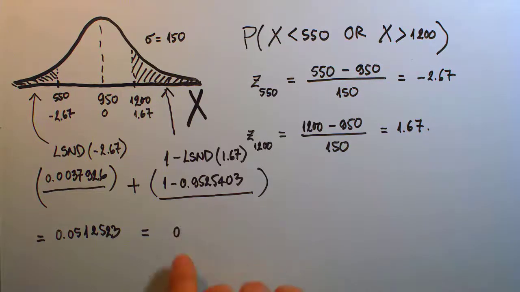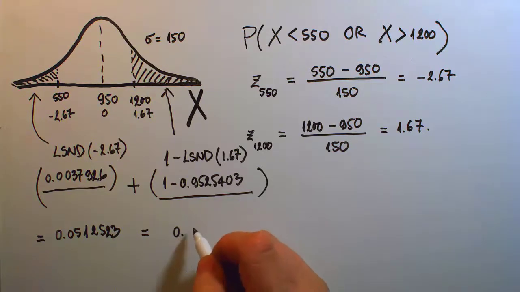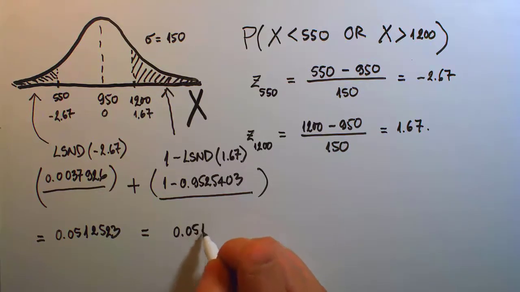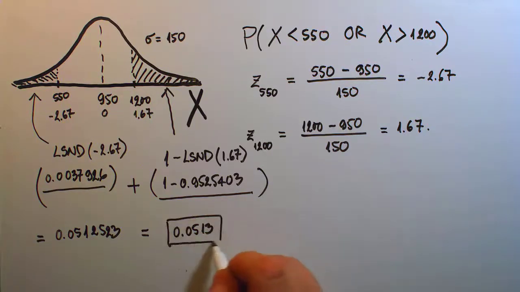So at your very final answer, usually it is rounded to 4 decimal places, being 0.0513. But once again, do look out for different rounding requirements in every other problem.